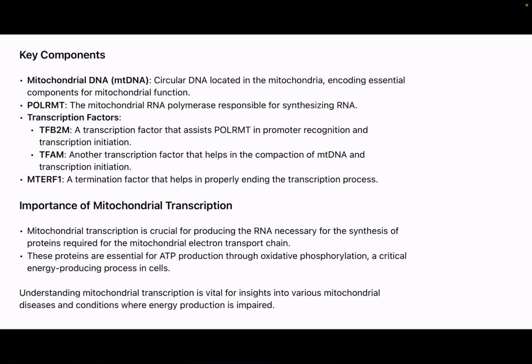So we'll just look at the key components of the mitochondrial transcription. Mitochondrial DNA, circular DNA, which is located in the mitochondria, encodes essential components for the mitochondrial function. So the mitochondrial DNA will code for POLRMT, the mitochondrial RNA polymerase responsible for synthesizing RNA, transcription factors like TFB2M, a transcription factor that assists POLRMT in promoter recognition and transcription initiation, and then TFAM, which is another transcription factor that helps the compaction of mitochondrial DNA and transcription initiation.